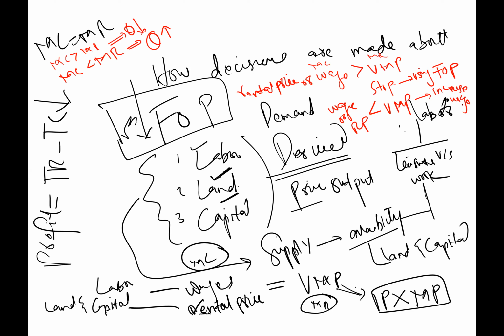Increase more land to grow apple farming, increase more ladders, trucks for transportation, increase more number of laborers, right?